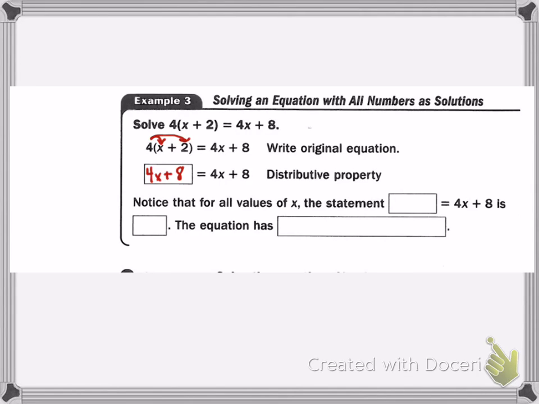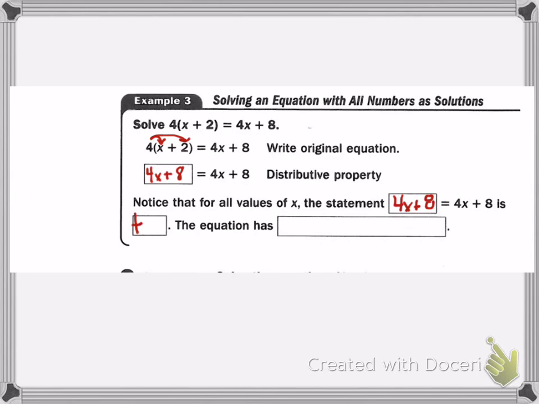And then I hope that you notice that we have exactly the same thing on both sides of the equal sign. And so any value of x is going to be the same when you're doing the same thing to it on both sides of the equal sign. So 4x plus 8 will always be true if it's equal to 4x plus 8.